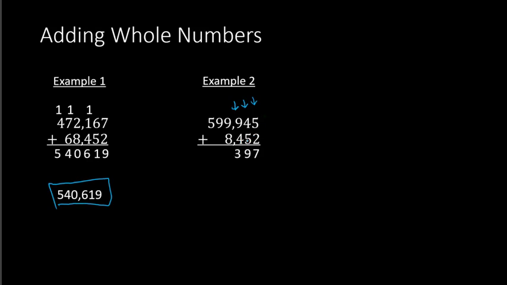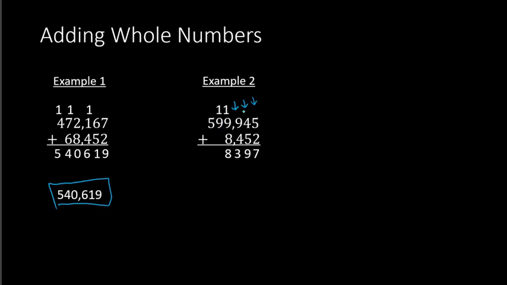And then we add the tens column, 4 plus 5, that gives you 9. Then we add the hundreds column, 9 plus 4, that gives you 13. So we take the 3 from 13 and put it here, and the 1 we carry up to the thousands column. Then we add again the thousands column, the 1 plus the 9 plus the 8, that gives you 10 plus 8, which is 18. So with 18, we take the number 8, put it down here, and the 1 from 18 we put up here on the 10,000s column.